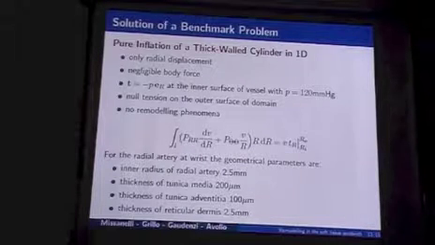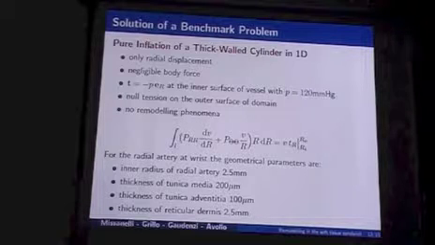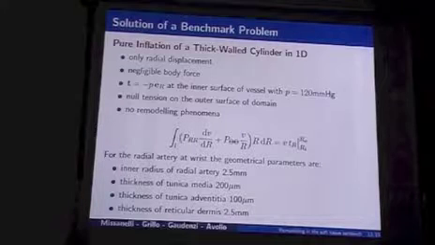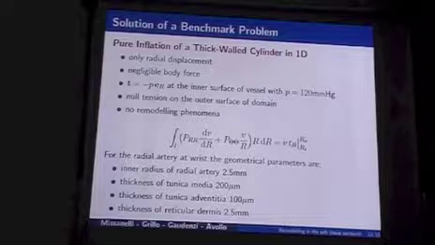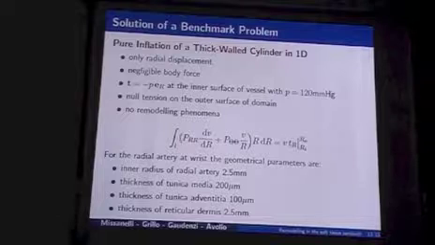In our simulation, in the previous starting point, we use just one-dimensional. With our study to overcome this problem, but for now we have just this one. We assume just radial displacement. We neglect the body force.